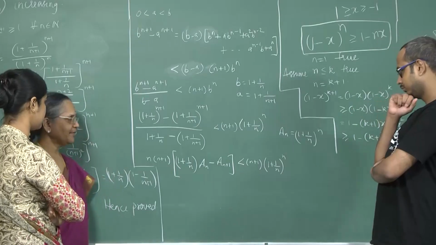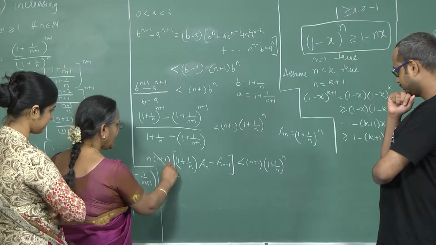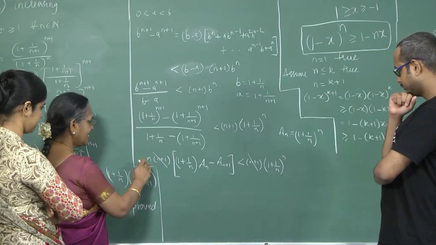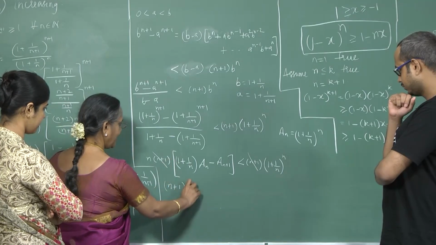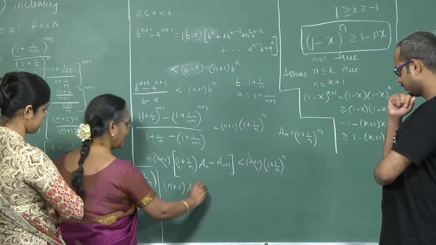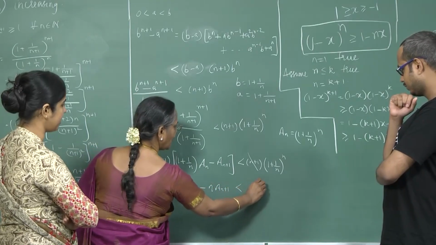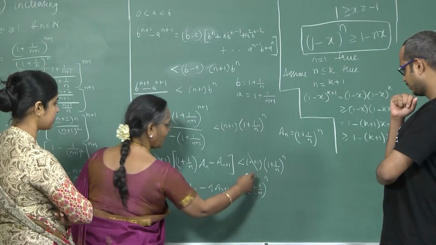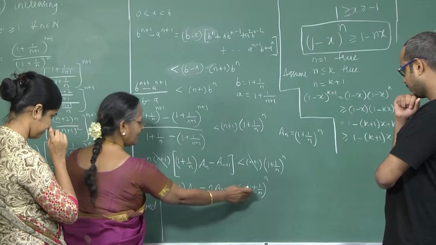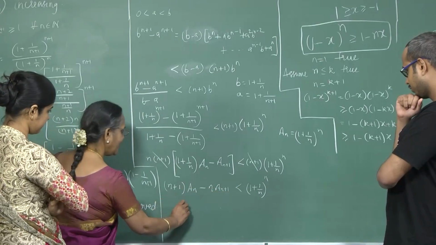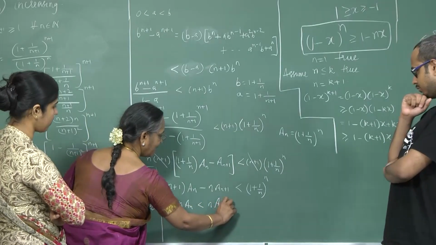Clear? So I can cancel this and then simplify: (n+1)·a_n − n·a_{n+1} is less than a_n·(1 + 1/n)^n, which is a_n·a_n. So (n+1)·a_n − a_n gives me n·a_n, which is less than n·a_{n+1}.